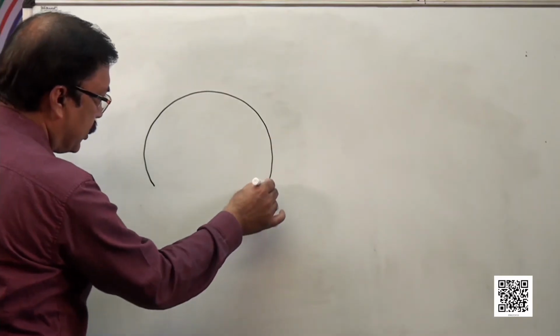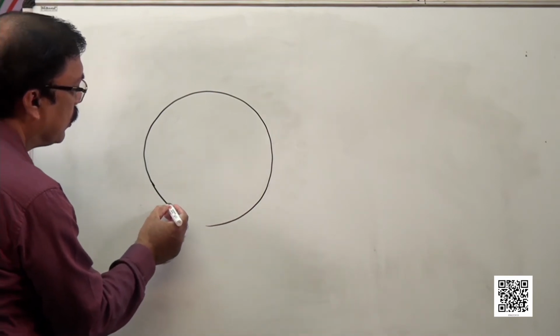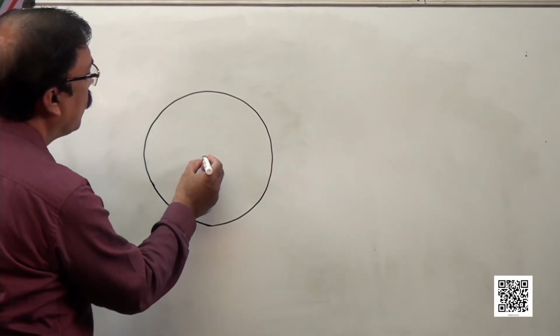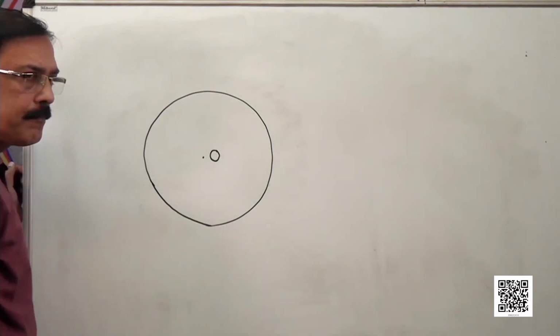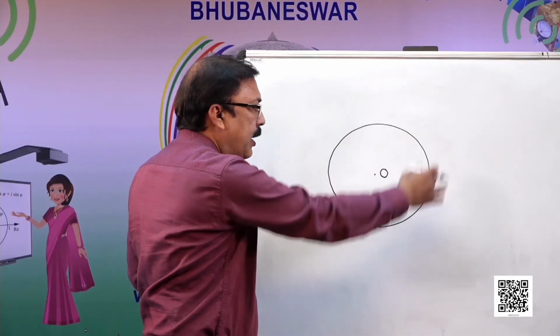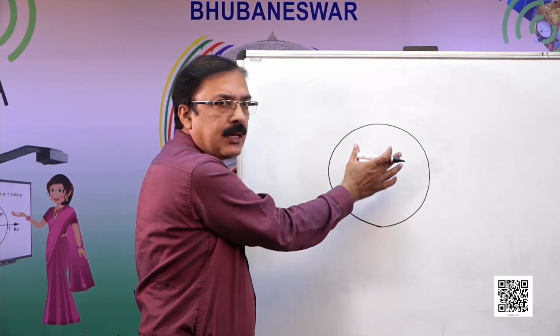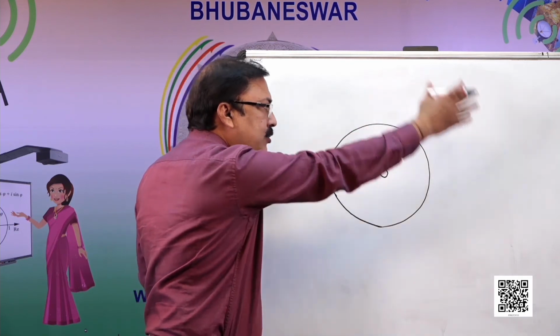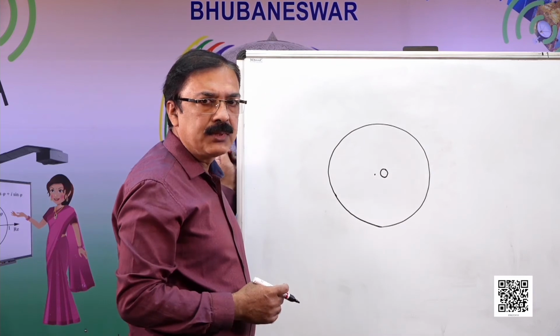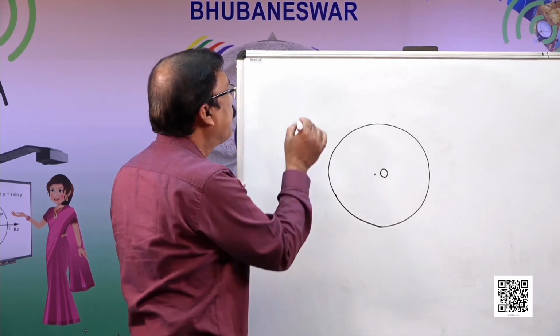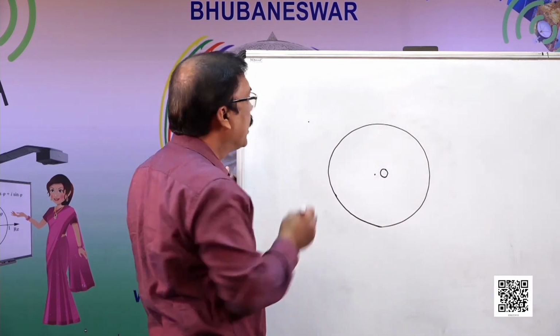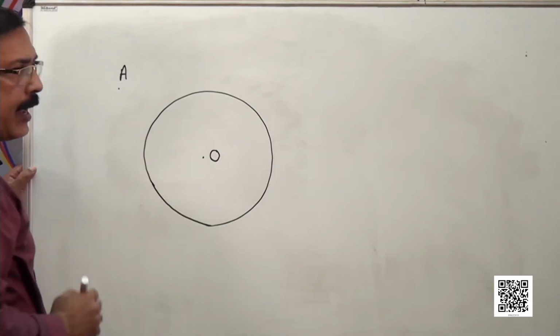If this one is a circle and O is the center, here it is a plane. This is our circle. Inside it is the interior of the circle and outside this is the exterior of the circle. If I put a point here, say the point is A.